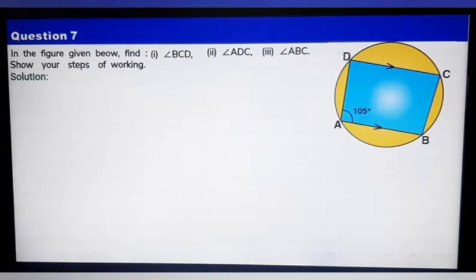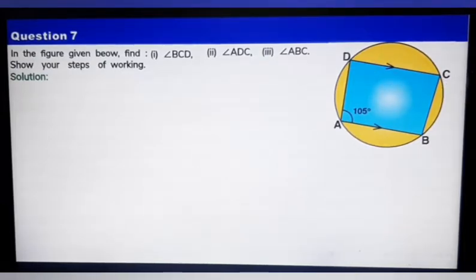Okay, so let us have a look at the 7th question. The 7th question says, in the figure given below, find BCD, that is this angle, ADC, this angle, and ABC. So we need to calculate these angles.